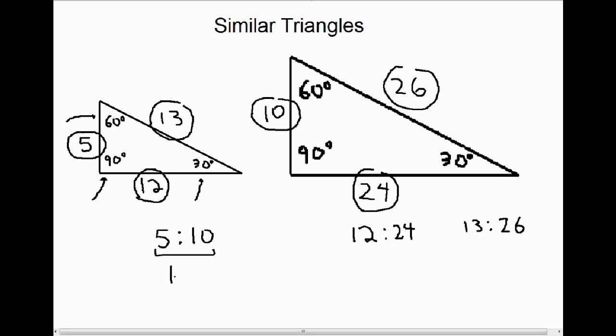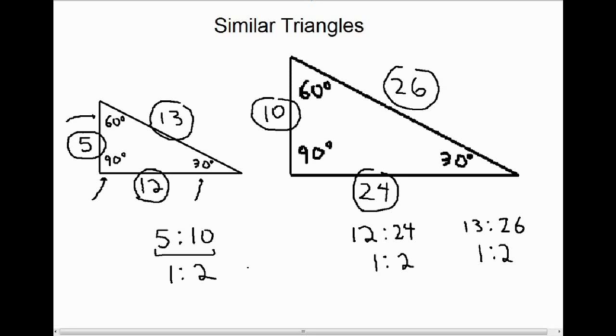That's the biggest value that goes into both of those. For the second one, both of them can be divided by 12. And for the last one, both of them can be divided by 13. So when we reduce them to simplest form, we see that we get the same ratio.